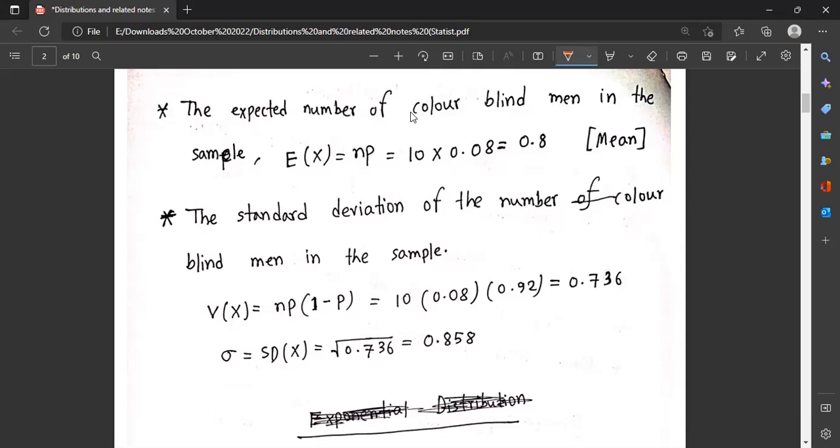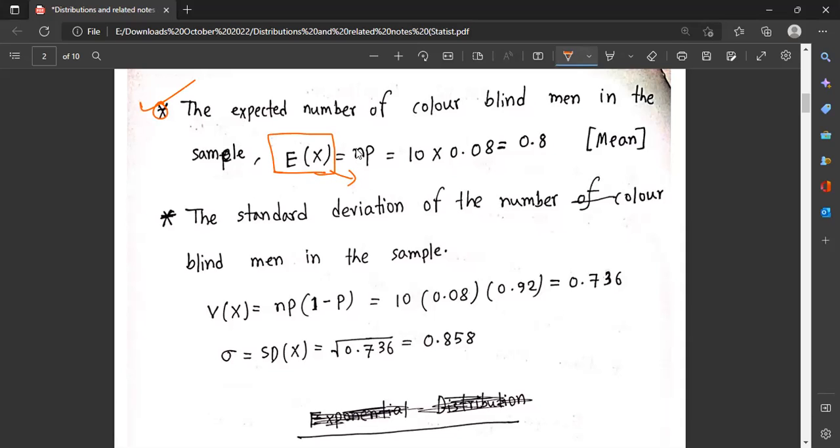The expected number of colorblind men in the sample. Here you see I have classified something else like before. So we write down this way, expectation. Our teacher explained a lot and mentioned this thing, expectation.